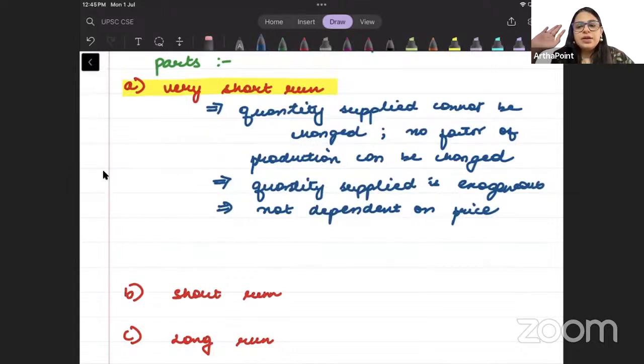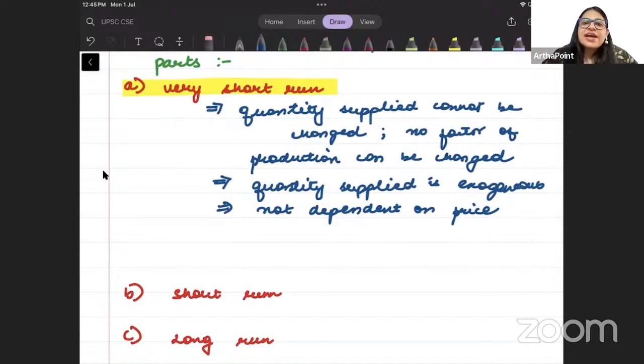Now, when I move from very short run to short run, अब क्या हो रहा है? I can change some factors. Those factors are called variable inputs. But I still cannot change some of the factors. The factors which I cannot change are called fixed inputs.